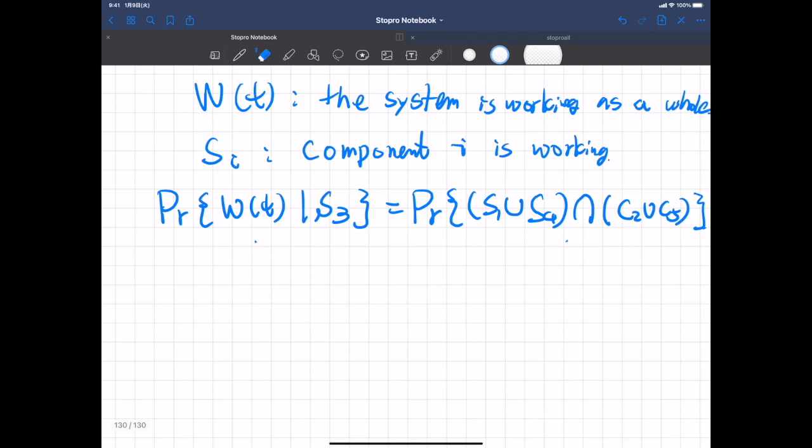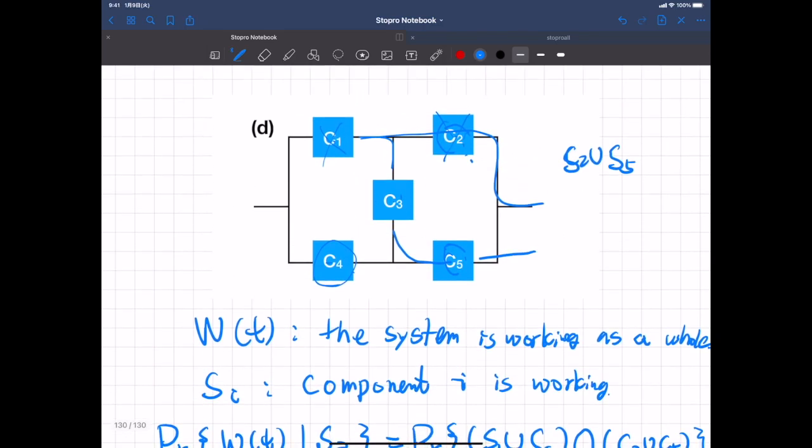Okay, then we consider the case where C3 is not working. So that's the complement of C3. In this case, we cannot go through the bridge. So this is not usable. That means we have to go through either this or this path. In the first path, C1 should be working and C2 is working.